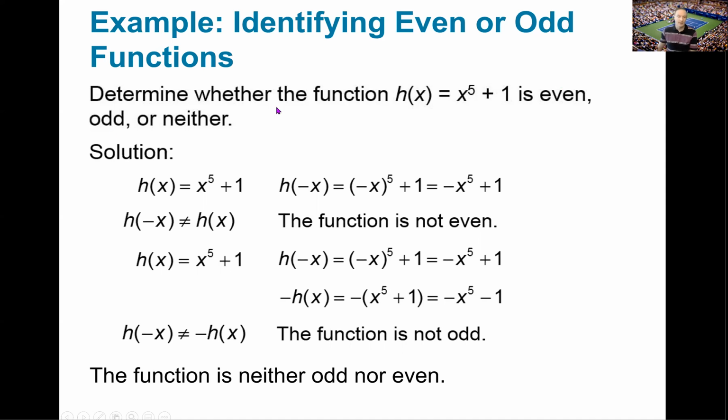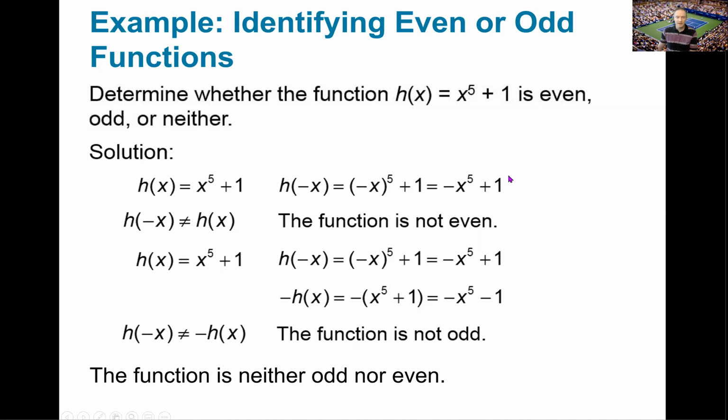But going ahead and plugging in our algebraic techniques, because it's good to work with that anyway, if I try h of -x, then I'm going to have -x raised to the 5th, plus 1. Well, -x raised to the 5th is the negative of x to the 5th. A negative to an odd power is a negative, but then I still have that plus 1.